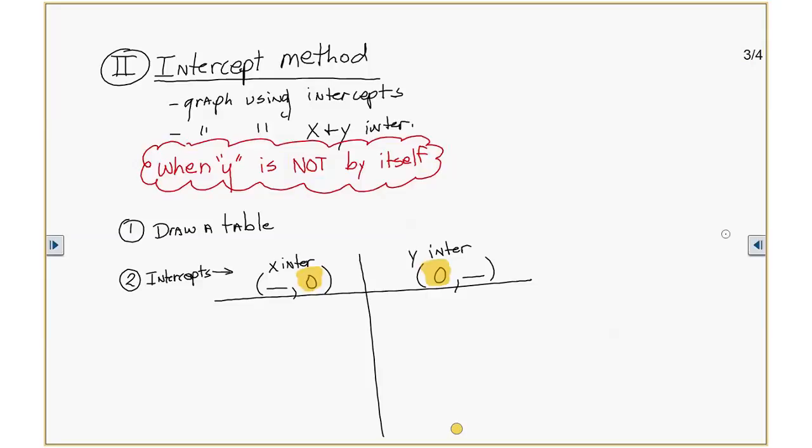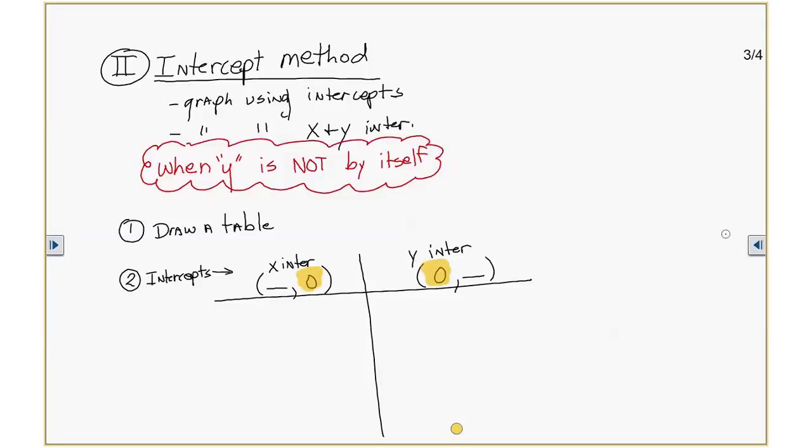If you want to find the y-intercept, you plug in 0 for x. Whether you're in trigonometry, calculus, underwater firefighting math, doesn't matter. Accounting 101. If you want to find the x-intercept, you plug in 0 for y. If you want to find the y-intercept, you plug in 0 for x. Biology, chemistry. That's why you need to learn this method.